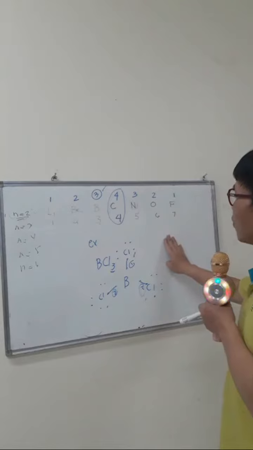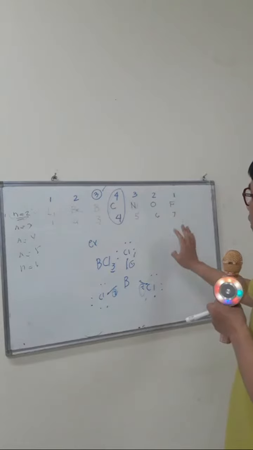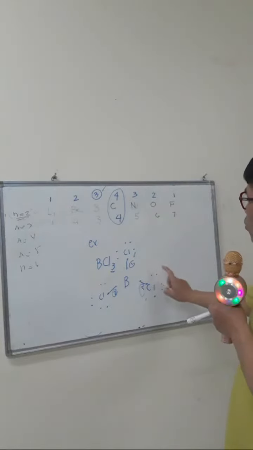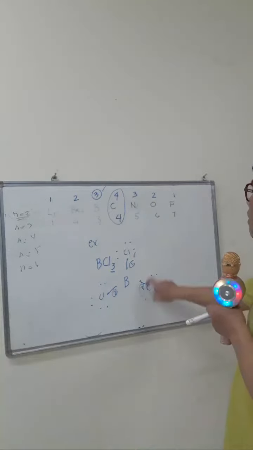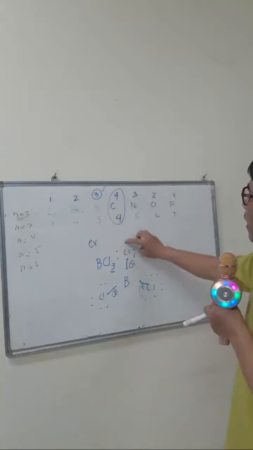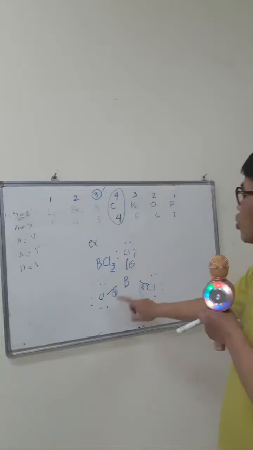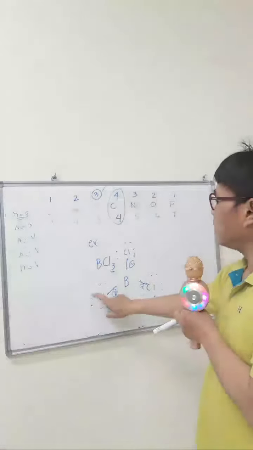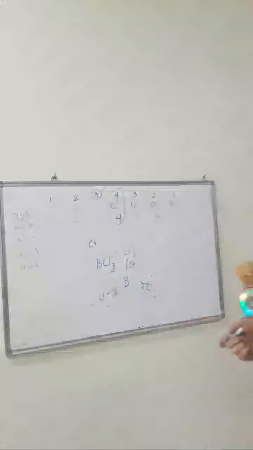So boron trichloride, ganon. So how many unpaired electrons are there in chlorine? Let's count. Kaya tulungan siya.